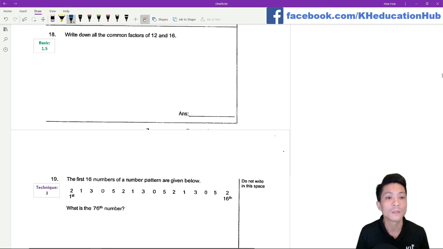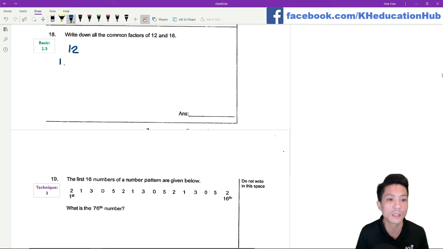Question 18. Write down all the common factors of 12 and 16. Okay, we're gonna write down all the factors of 12 first.